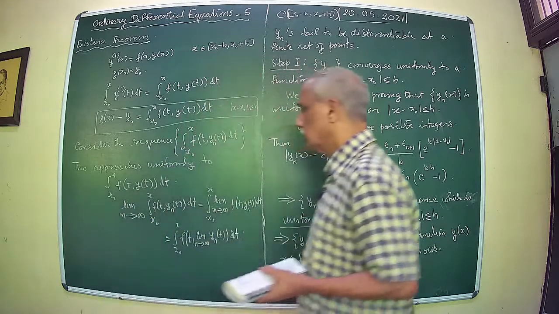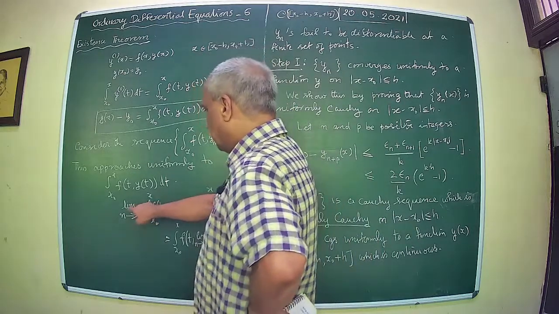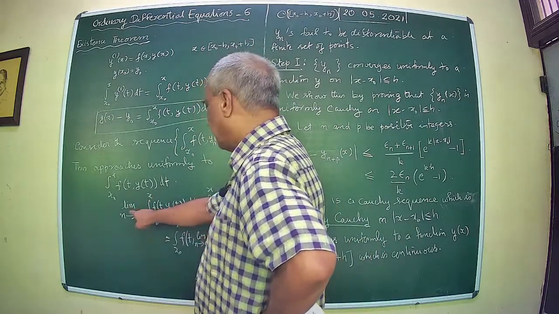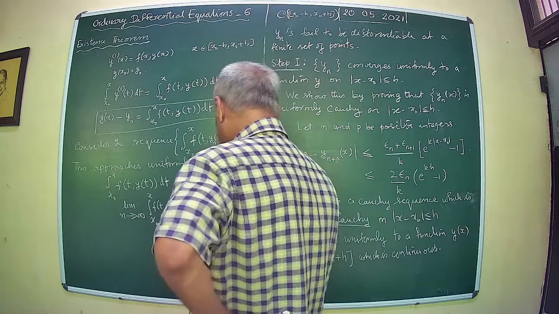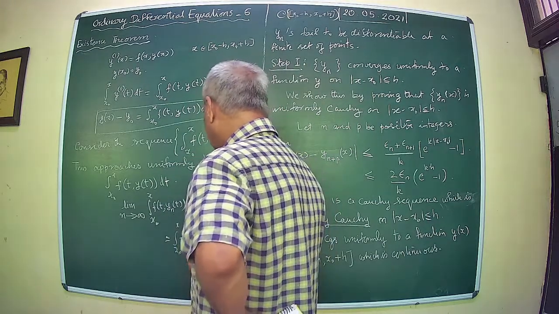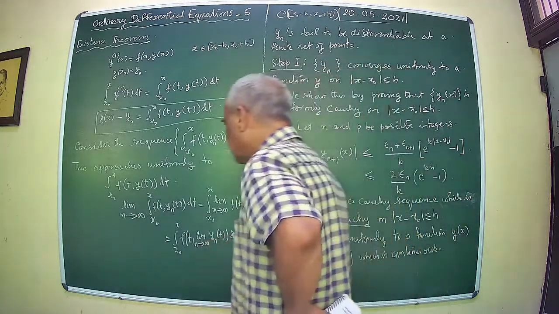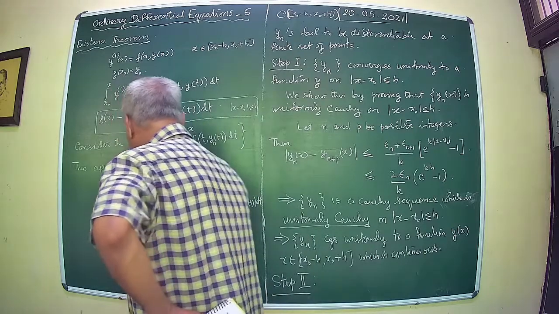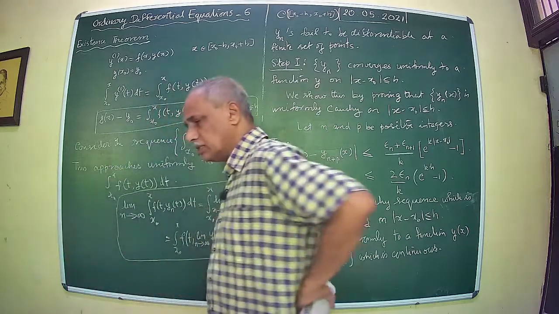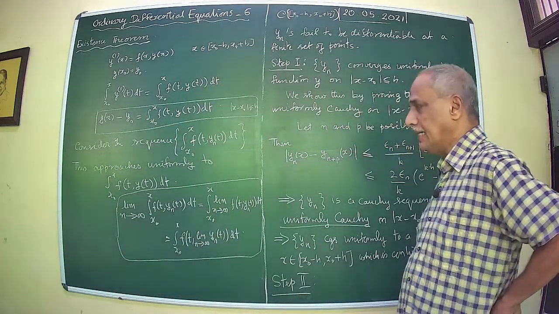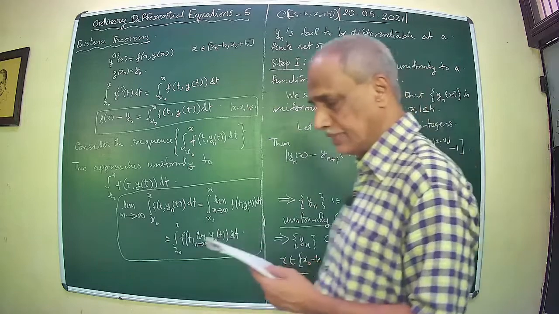So what you want to assert is that the limiting operation can jump the integral and jump into the function. This then becomes simply the integral, because the limit of y_n you know is y(t), and therefore you get the result. So we have to justify the interchange of the limiting operation and the integration, and that's where we use this. Okay, so let us do that.